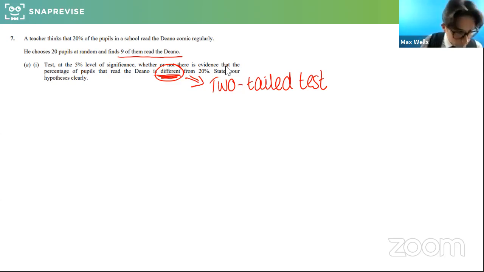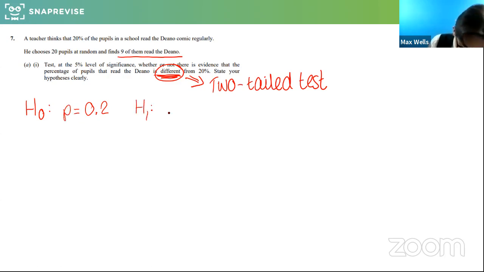So we write out our hypotheses. H0, the null hypothesis, is we go with the default position: p equals 0.2. And H1, the thing we're testing, is that the probability is not 0.2. Okay, yes, absolutely.